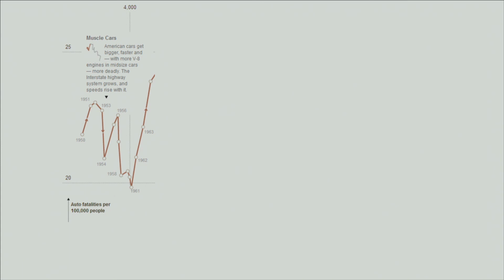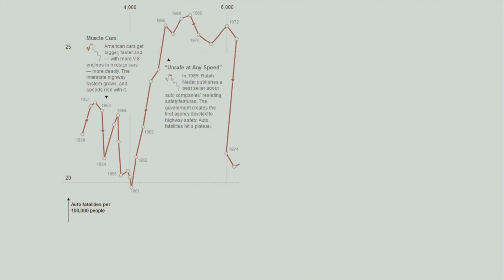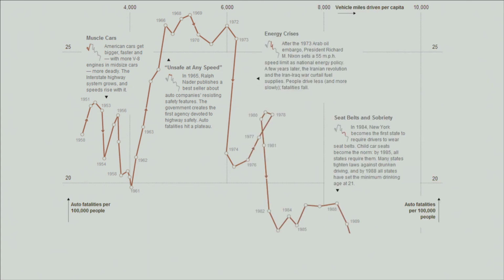So it starts in 1950 on the left, and it goes up and down, and then it starts going up. If I reveal more of this, you can see that suddenly it changes direction. Suddenly it goes more horizontal, and then it drops. And then if you go along this further, you see something that you haven't seen before in a line chart, which is a loop.